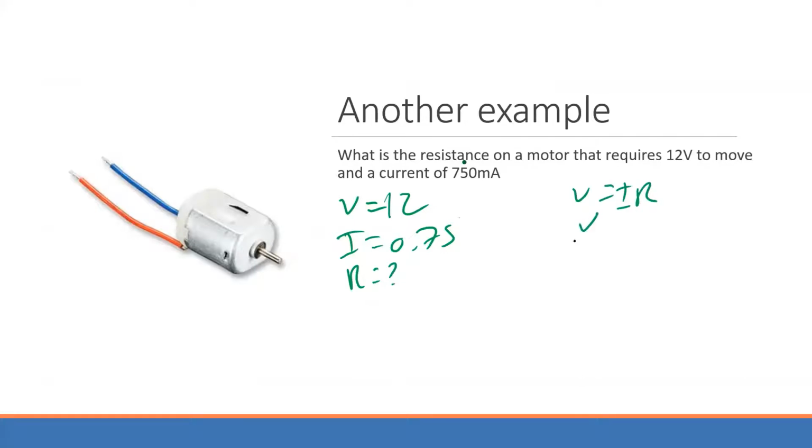And therefore V divided by I is going to give you R. 12 divided by 0.75 is going to give us 16 ohms. Perfect. All right, so just a quick example for you guys.